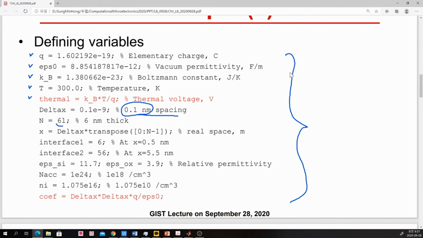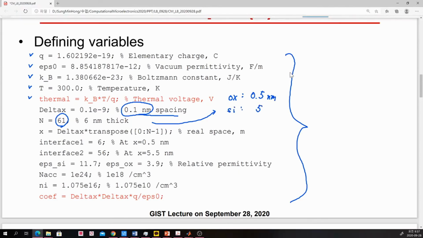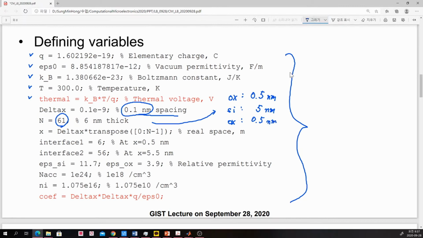And here we have 61 points. It is only because we have assumed that our oxide thickness is 0.5 nanometer and silicon thickness is 5 nanometer, and we have another oxide, so here we have another 0.5. Yes, that's the reason why we have 61.